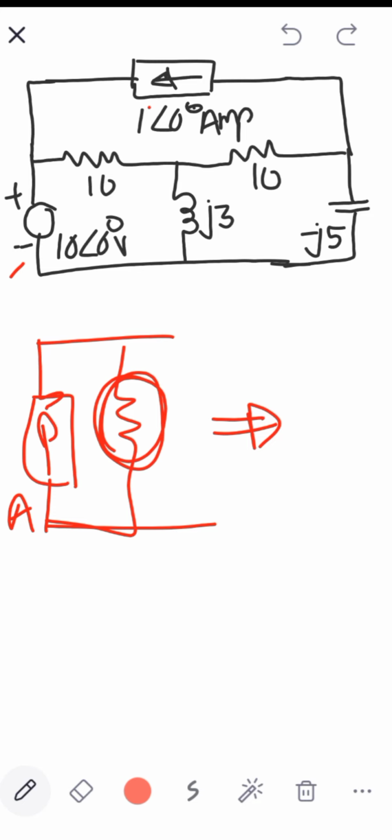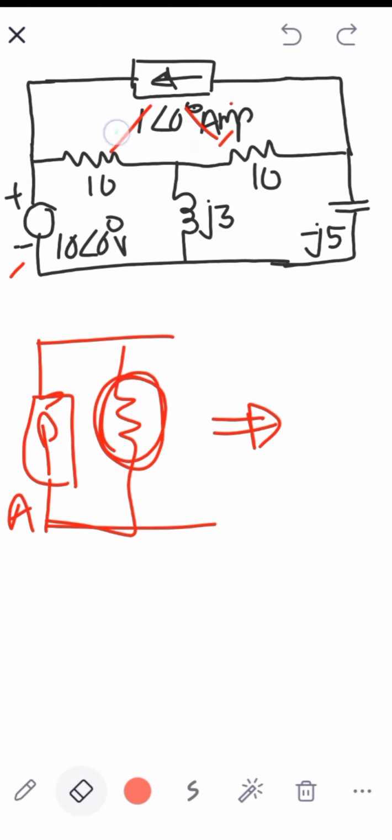But is there exactly any branch in parallel with our current source? No. Why? It is not directly connected; in between, a node is present here. So we can't consider it directly.